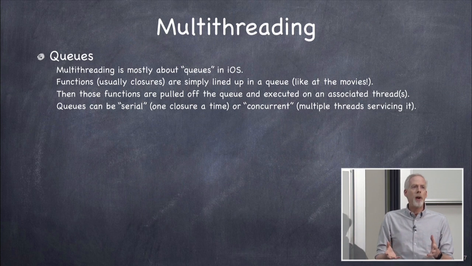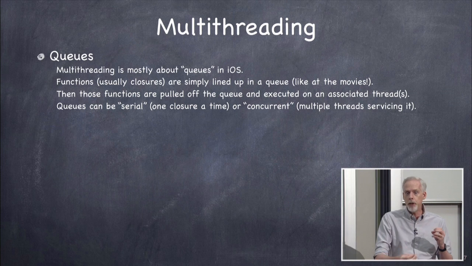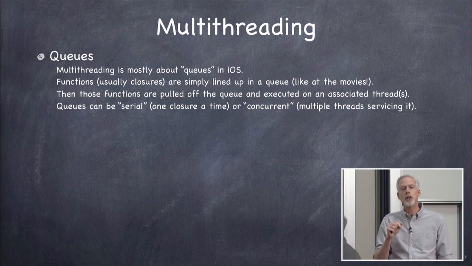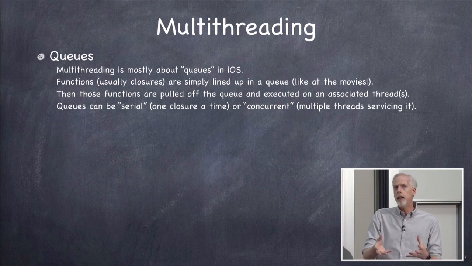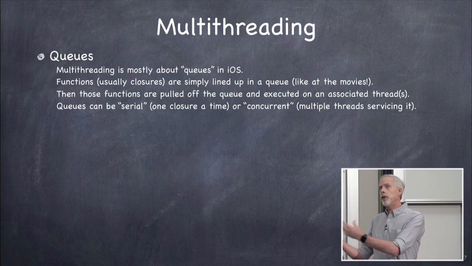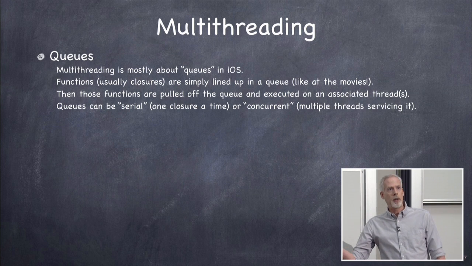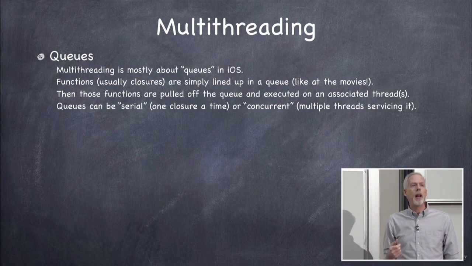For example, in iOS, you've got a very important main thread of execution. That's the thread of execution that is listening to gestures and doing drawing, things like that. Then you can have other threads of execution that might be doing background things like going out onto the network and getting data or something like that.